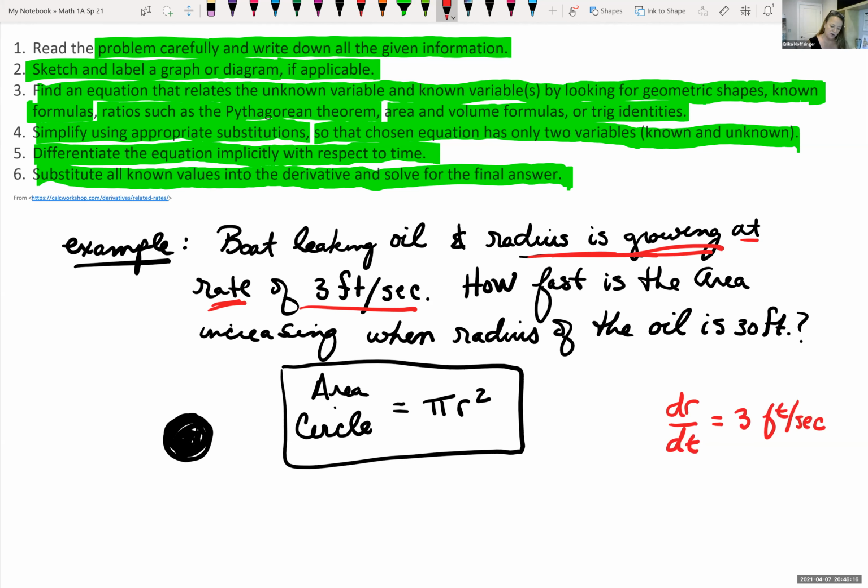And we want to know how fast, so we're looking for a rate of change. We want to find the rate of change of the area, so dA/dt, when our radius, sorry, is equal to 30 feet.